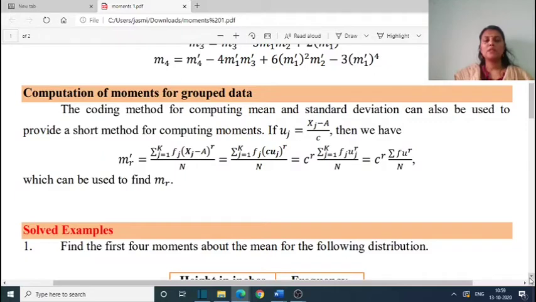That is, we have seen this formula, which is equal to sigma j equal to 1 to k fj c uj all raised to r by n, which is equal to c raised to r into sigma j equal to 1 to k fj uj raised to r by n, which is equal to c raised to r into sigma f u raised to r by n, and we can use this to find mr.